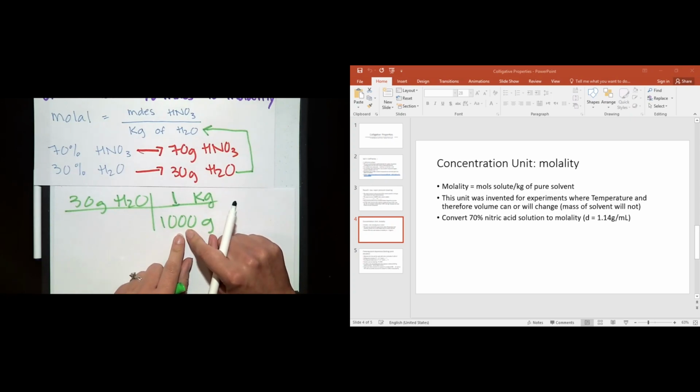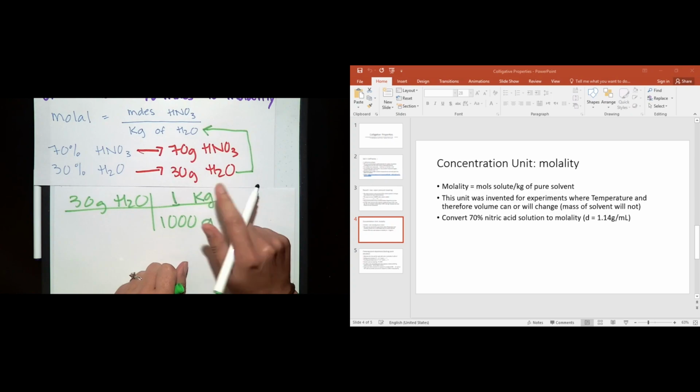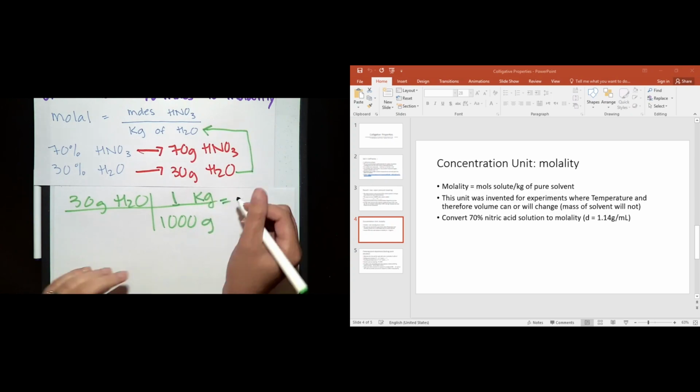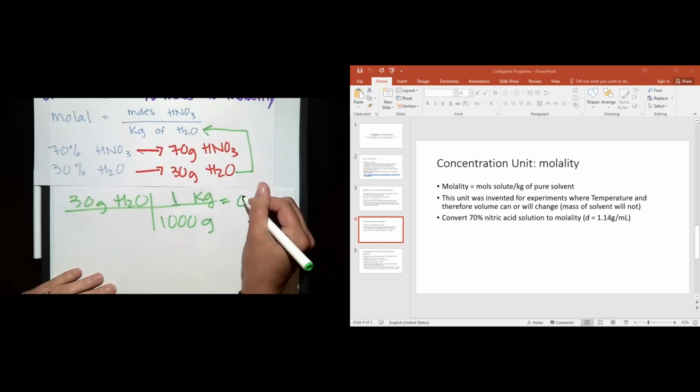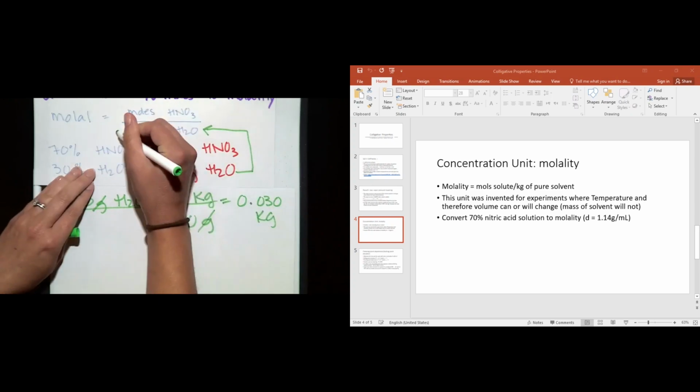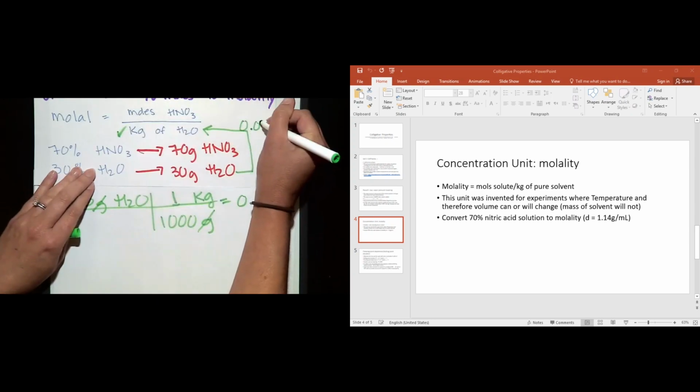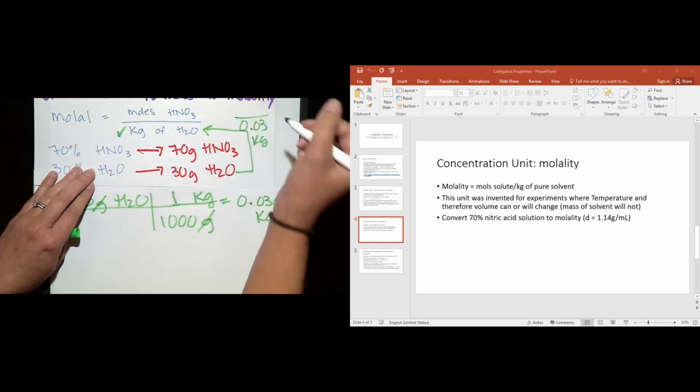Remember, the smaller the unit, the bigger the number. So it takes 1,000 little grams to make 1 big kilogram. That's my little trick. Okay, so really we are just moving the decimal place. You can cross out those units. 0.030 kilograms. Okay, so we have that number, 0.03 kilograms.